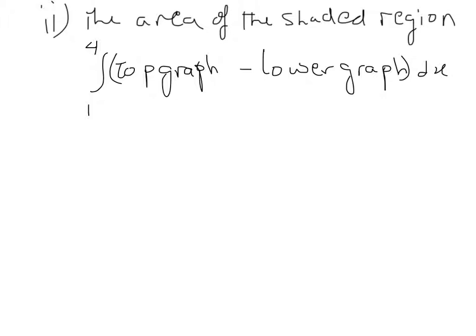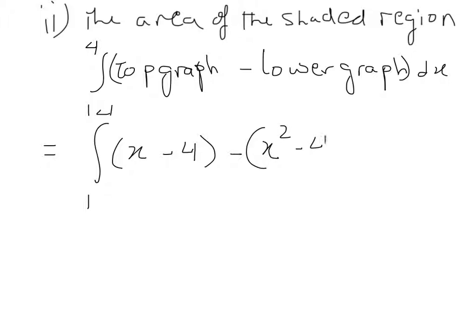In our diagram, you notice that the top graph is the graph of the line, which is x minus 4, and then we'll minus the bottom graph, which is the parabola. And don't forget, put the two brackets and then dx.